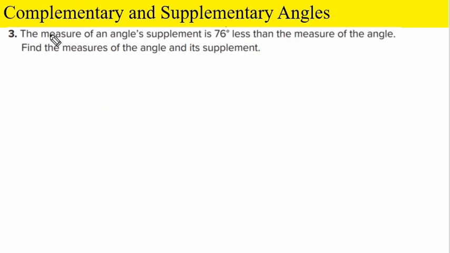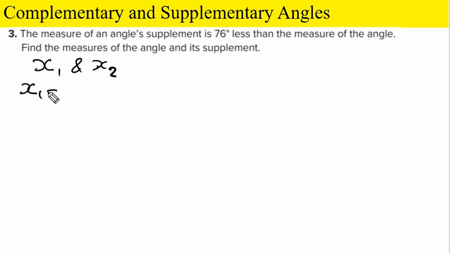Now, the third question talks about the measure of an angle's supplement is 76 less than the measure of the angle. Find the measure of the angle and its supplement. Okay, so let's consider again two angles. So the measure of an angle's supplement is 76 less than the measure of the angle. So let's say x1 and x2 are two supplementary angles.